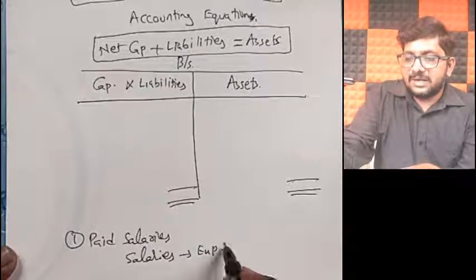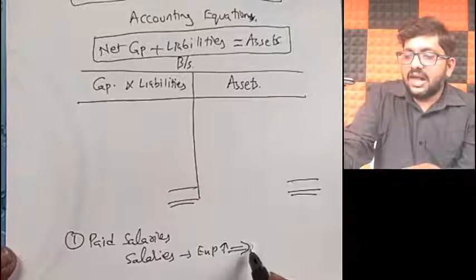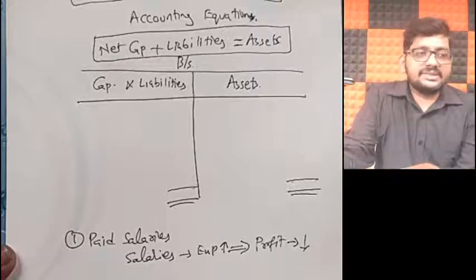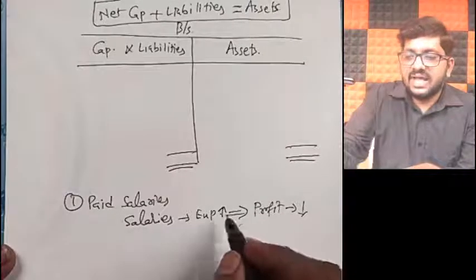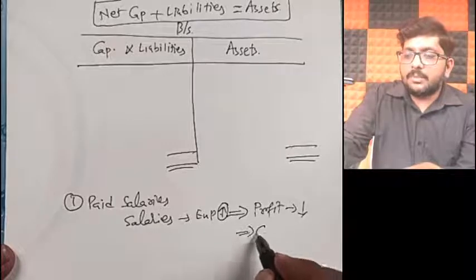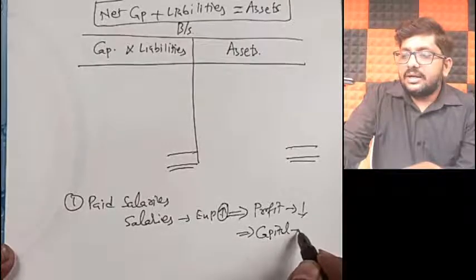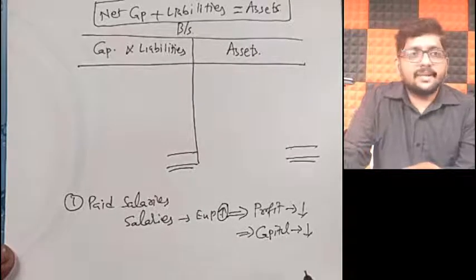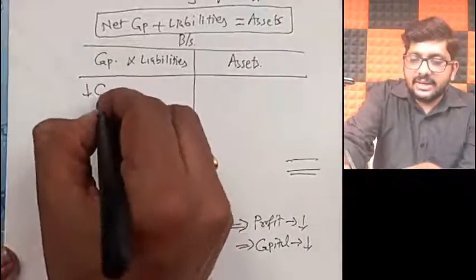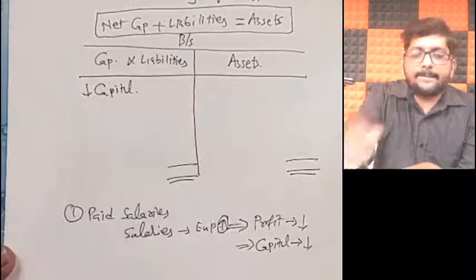Because of this expense increase, what will happen to our profit? Profit will decrease. Correct, Amma? Because salary is an expense and we are incurring a new expense. Because of it, my profit will decrease. Obviously, when my profit decreases, capital will decrease. So on my capital and liability side, my capital will decrease.